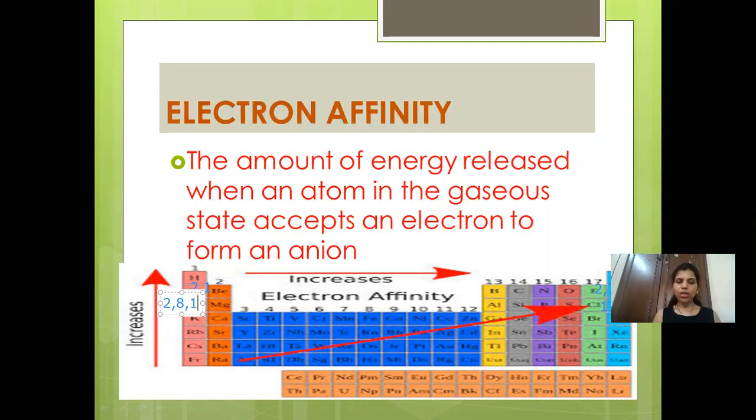So you will see that lithium, I'll write it over here so that it will be clearly visible by you. So now lithium, I'm writing Li for you to understand. Lithium is having 2, 1 as the electronic configuration, and sodium is having 2, 8, 1.